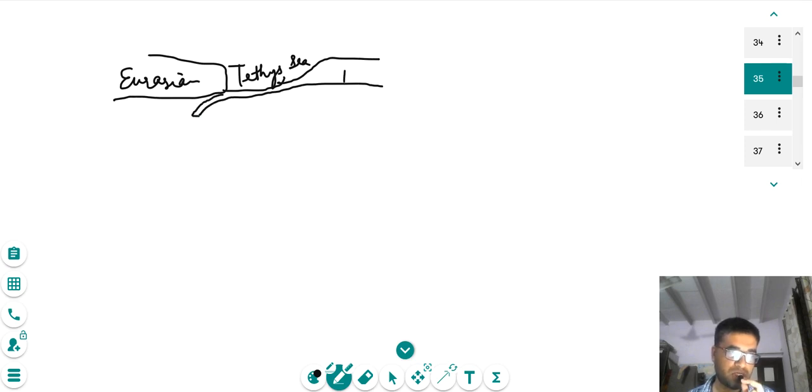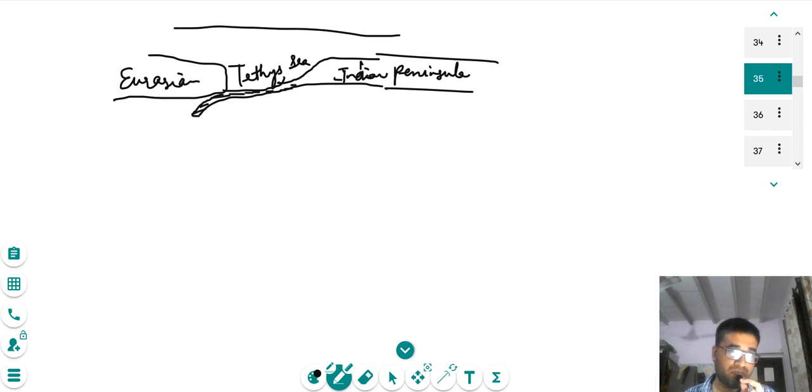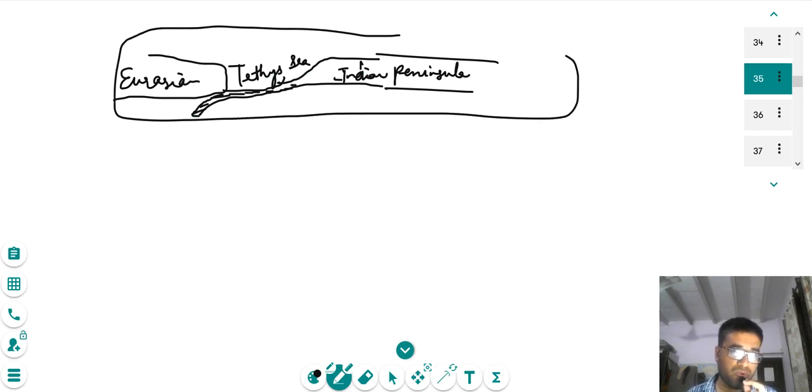This is the Indian peninsula, and this was the subducting plate. This whole thing led to the formation of the crystalline axis. So the crystalline axis formed during this stage.